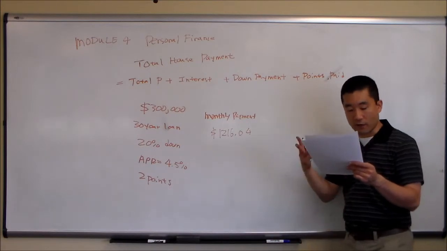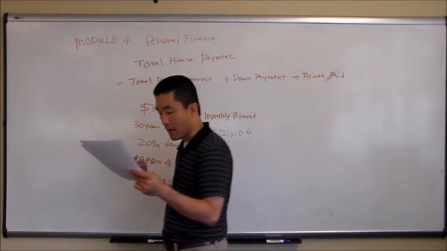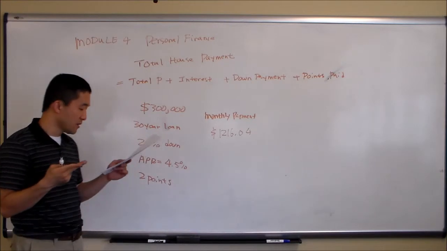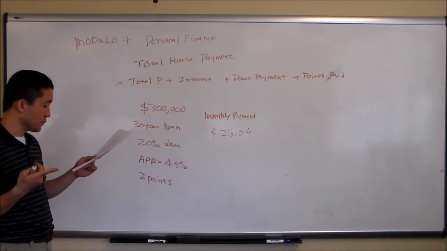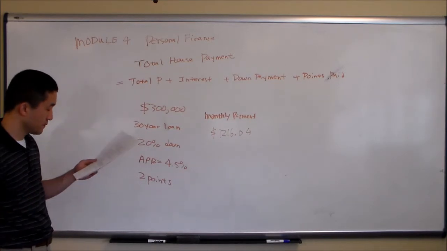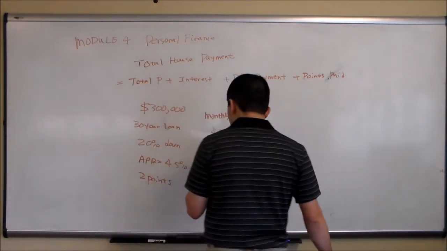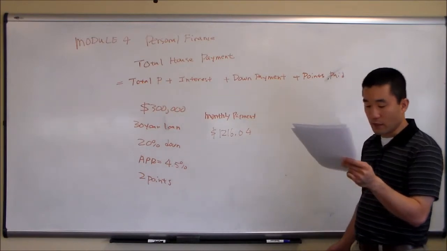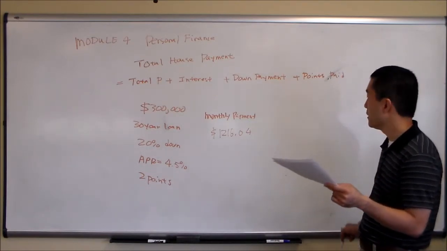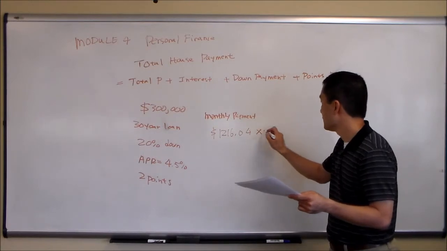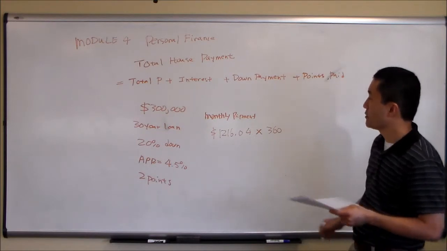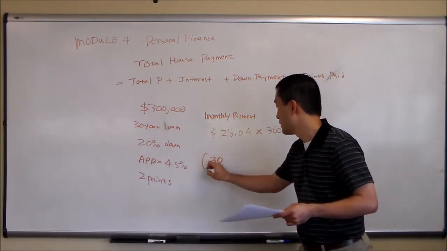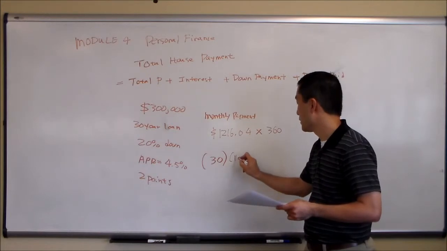Okay. So the three questions: what is the total cost of the house? How much interest would you pay over the course of your loan? And then for the first mortgage payment, how much of it is the principal, and how much of it is interest? All right. So the total principal plus the interest is this amount times 360, because it's a 30-year loan and you're going to make 12 payments per year.